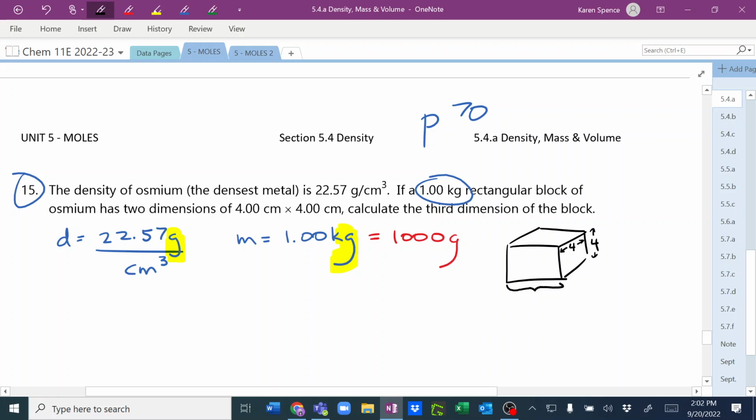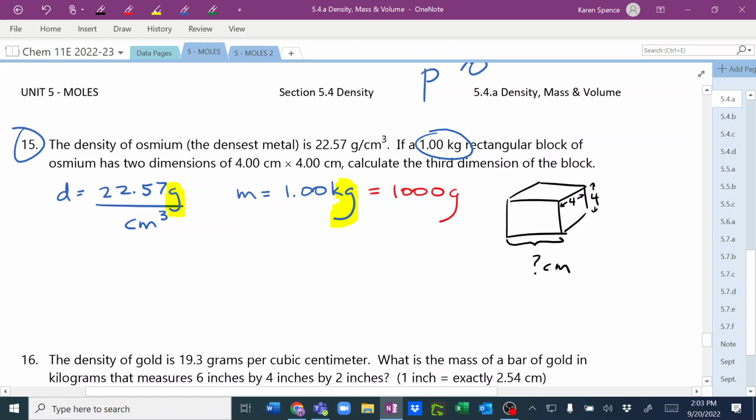Yes? So if I know 2 dimensions of a block, how can I find the third dimension? Because what's the volume of a cube equal to? Volume of a cube equals length times width times height.